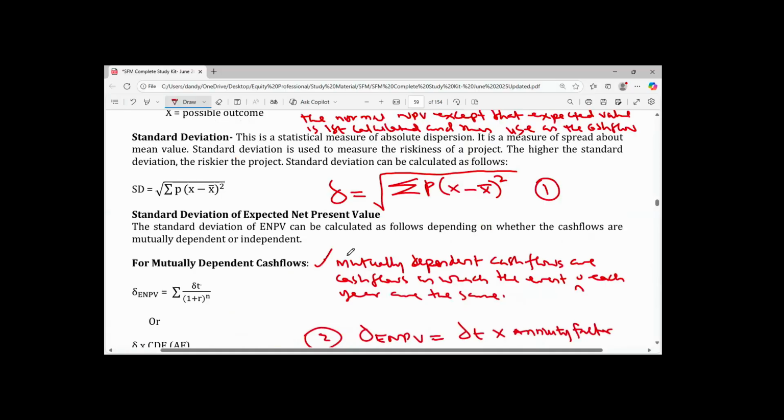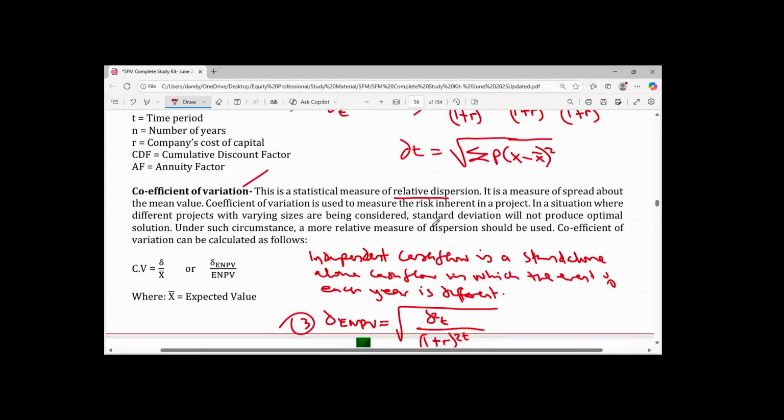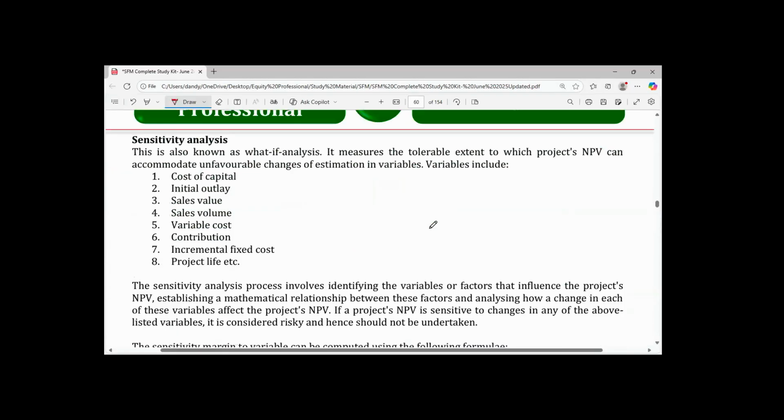Let me show you separately. Now, I said the coefficient of variation you are going to calculate will depend on the standard deviation and the expected value you have computed.